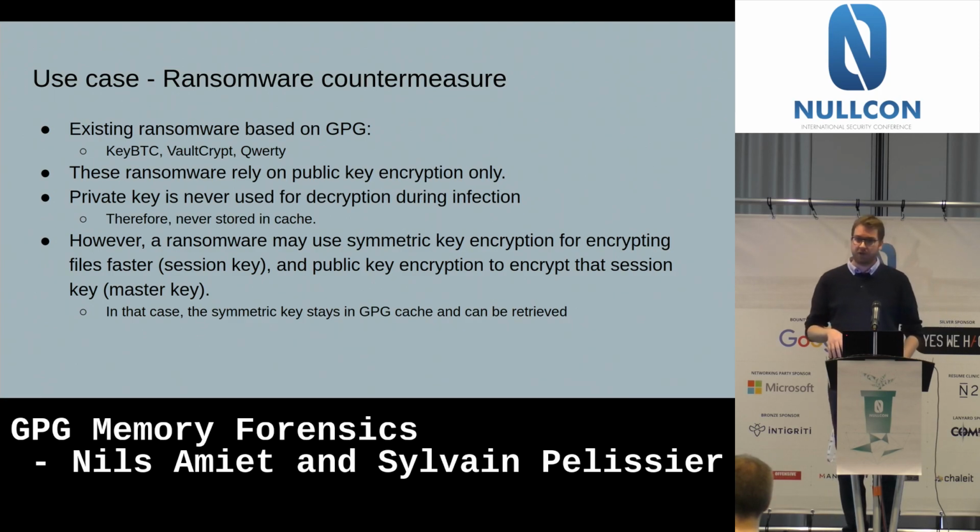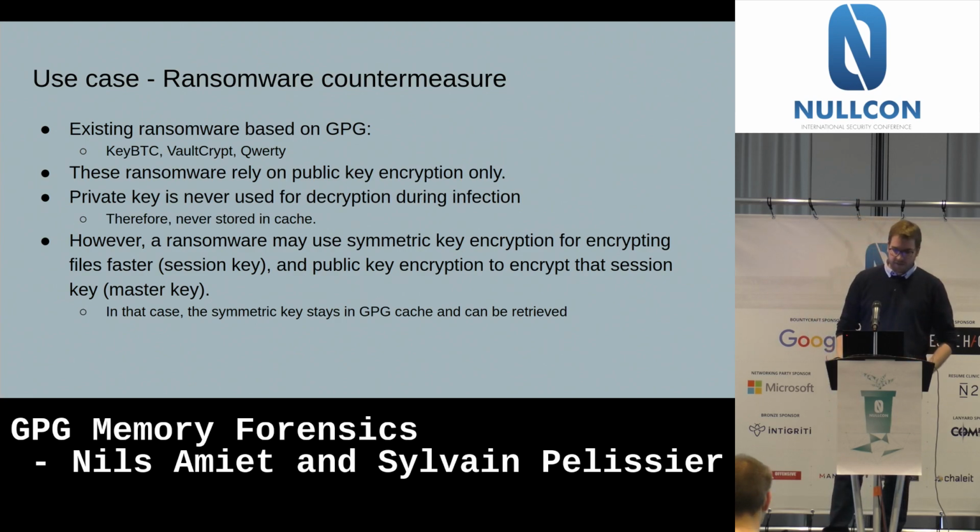These use GPG to encrypt files. And usually what they do is they only use asymmetric or public key cryptography to encrypt the files. So the problem is that the passphrase or whatever is not going to be stored in the cache. But we could imagine that some ransomware wants to do encryption with better performance.